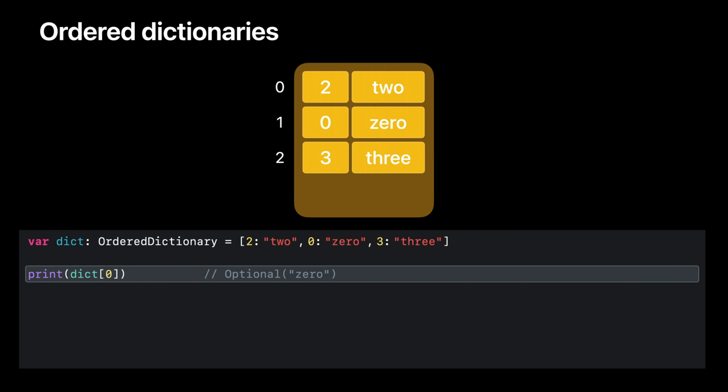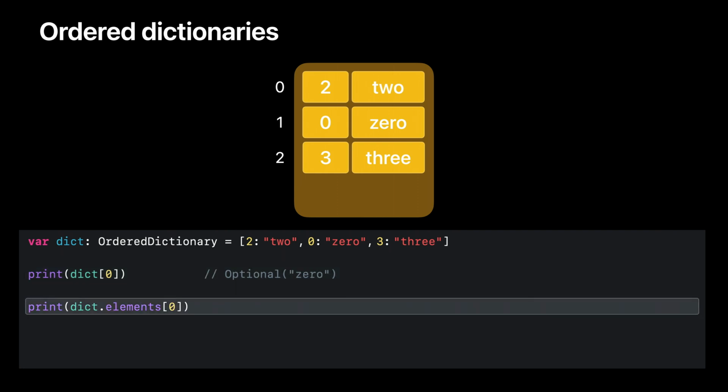This means that ordered dictionary cannot be a collection, because the collection protocol requires such a subscript. Therefore, ordered dictionary only conforms to the sequence protocol. However, for cases where collection conformance is desirable, ordered dictionary provides the special elements view. Elements is a random access collection that provides an indexing subscript returning a key-value pair.